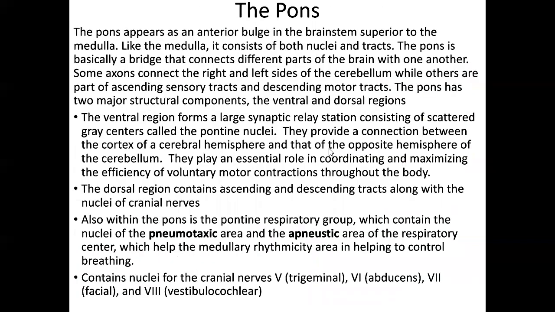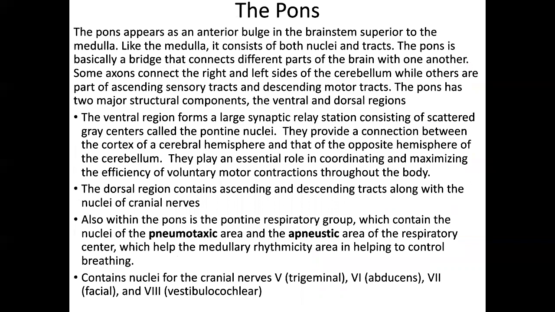Now, there's two major structural components to your pons, what we call the ventral and dorsal regions. The ventral region forms a large synaptic relay station consisting of scattered gray centers called pontine nuclei. Well, they provide a connection between the cortex of a cerebral hemisphere and that of the opposite hemisphere of the cerebellum.